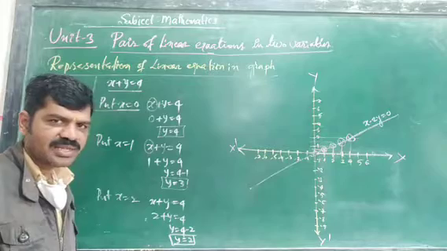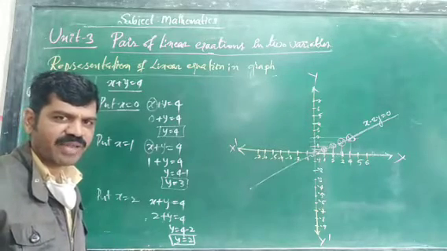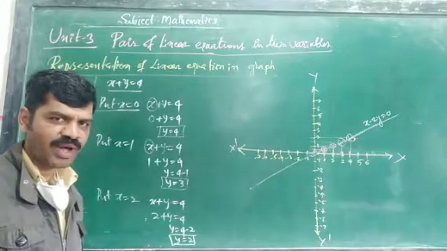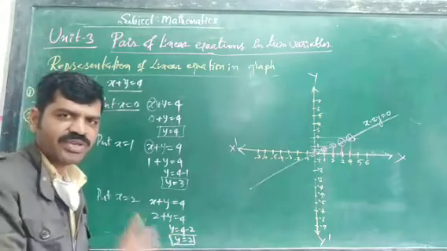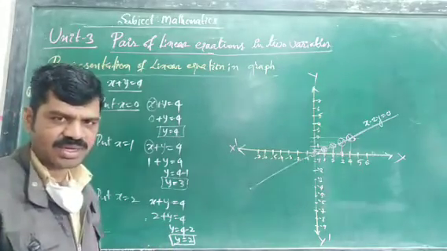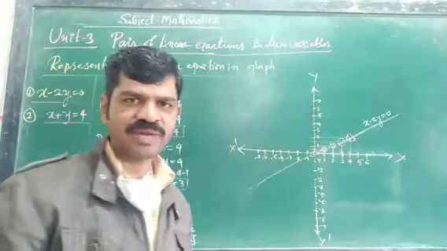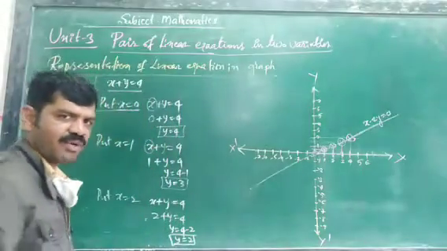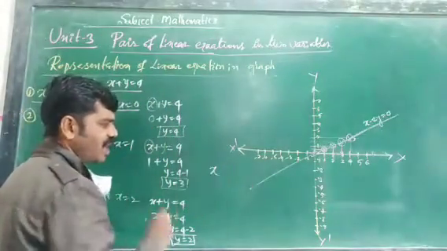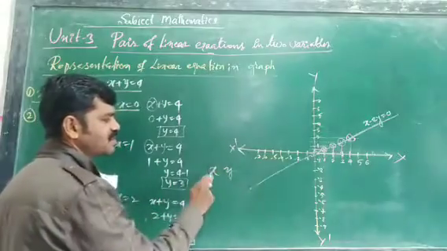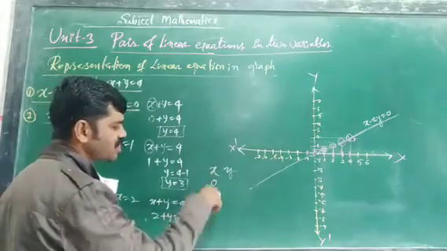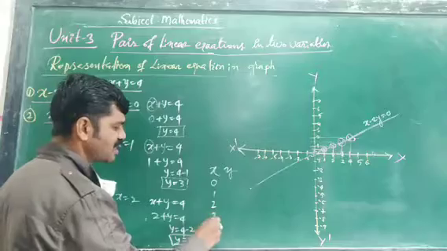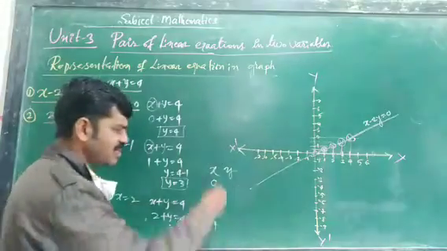See, like that we can continue by giving values of x so that we will obtain the value of y. That's enough. You can continue up to whatever values of x you need. So I have ended here. The value of x is given, x is equal to 0, x is equal to 1, x is equal to 2, x is equal to 3, x is equal to 4. You can go on giving values like this.